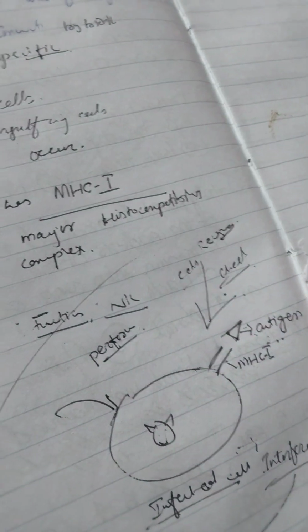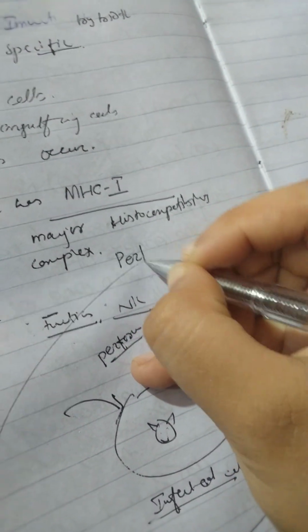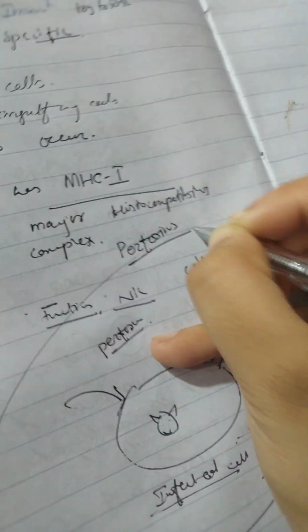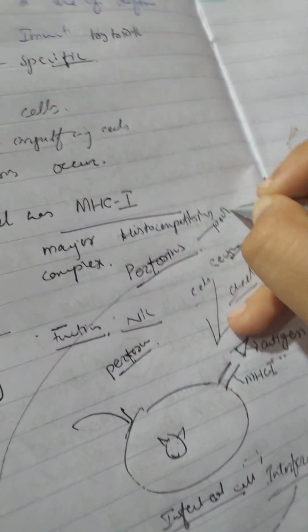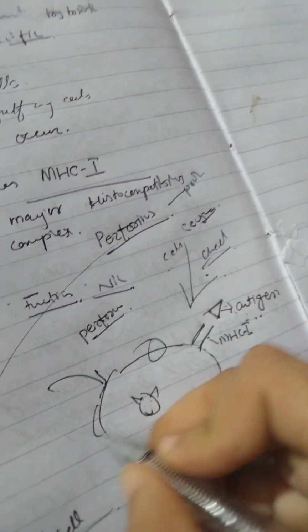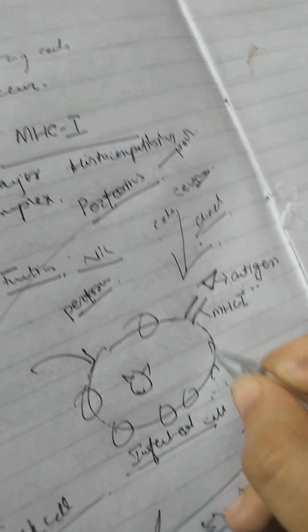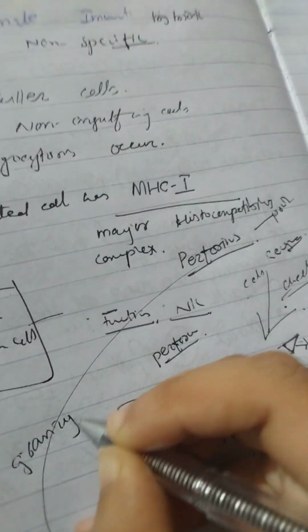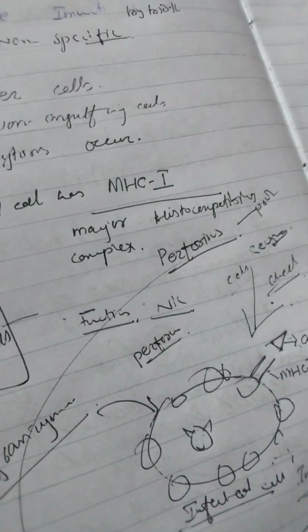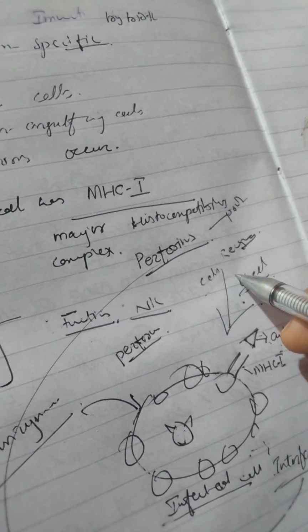Perforins are proteins which make pores in the cell membrane of the infected cell. You can say these are the pores, right? After the perforin, there is a release of granzyme. Granzyme is an enzyme or chemical released by the NK cell.